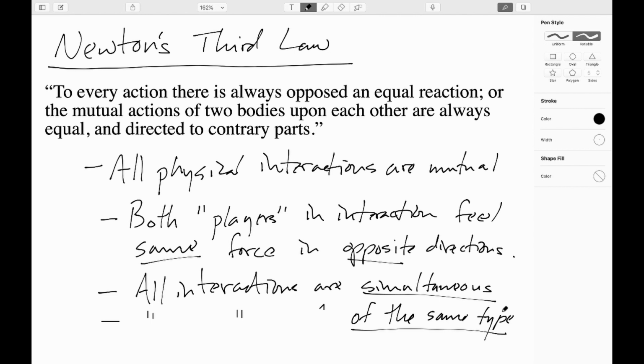Now there may be other interactions happening between A and B, but if A is interacting gravitationally with B, B will interact gravitationally with A. Or with your hand on the box, you exerted a normal force on the box, and the box pushing back is exerting a normal force on you.